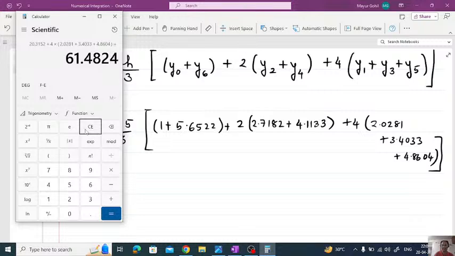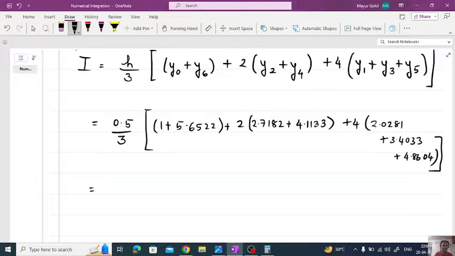Enter, and into 0.5 divided by 3. 10.2470. Just check. 10.247. Yeah, 10.247. That is what we are landing upon.